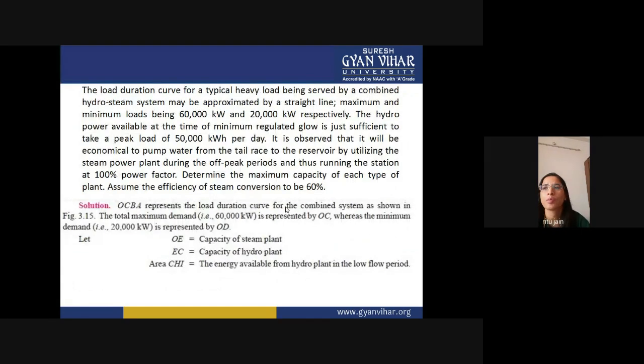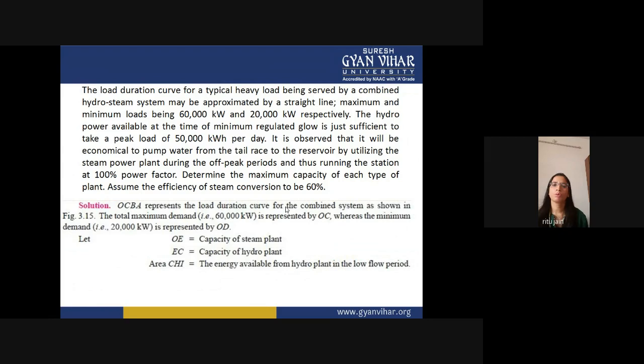Now, this is a very important question. So we will discuss this numerical. The problem is given that the load duration curve for a typical heavy load being served by a combined hydro steam system, so hydro is also connected and steam power plant is also connected, may be approximated by a straight line, and maximum and minimum loads being 60,000 kilowatt and 20,000 kilowatt respectively.